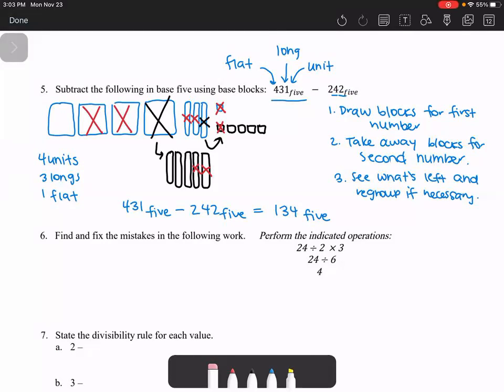For example, with these 3 longs, you can see based off the colors I use that the black is the regrouping and the red is taking away. So you by no means have to use different colors, but you should at least put next to this arrow that this arrow is a regrouping. Sorry, that kind of looks poor. I'll rewrite it.